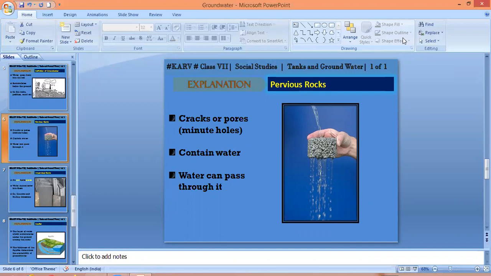These rocks contain water and allow water to go through them. So pervious rock means a rock which has cracks, which contains water and through which water can pass. An example of pervious rock is sandstone.